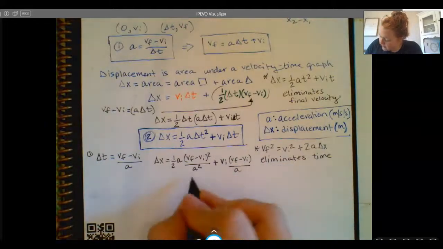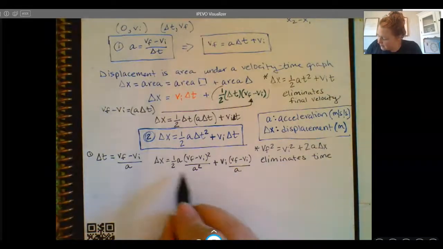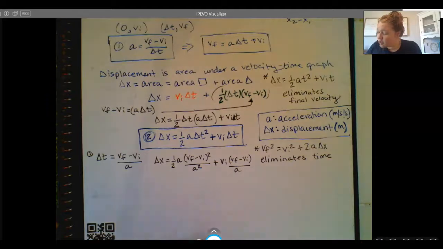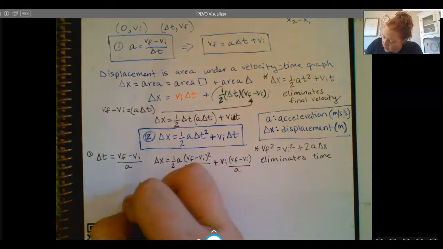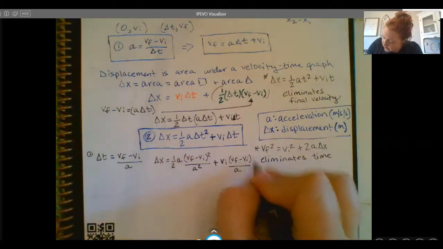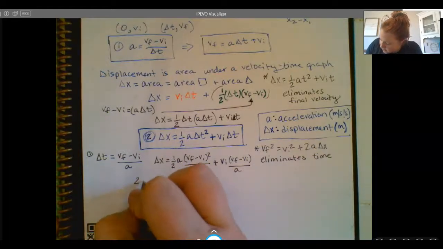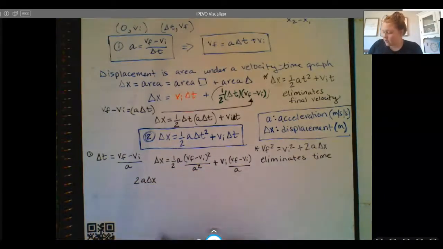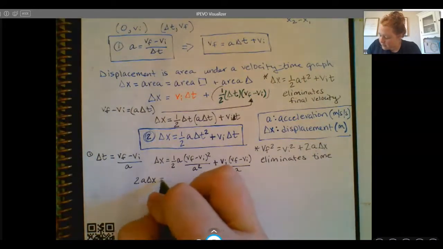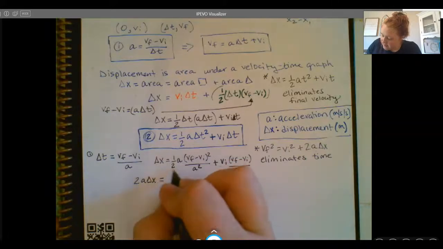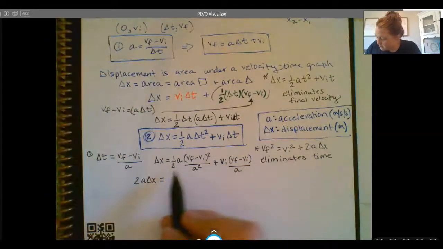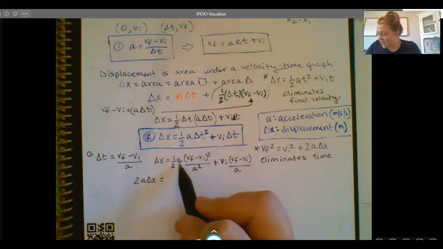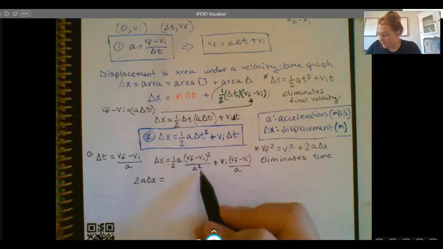So what I'm going to do is multiply everything by 2a. So I'm going to multiply this entire equation by 2a. So I will end up with 2a delta x. Notice that's a term in the equation I'm trying to get, so that's kind of why I went that route. If I multiply this by 2a, then the half will go away because 2 divided by 2 is 1. And the a becomes an a squared over here, and that will end up canceling out with the a squared on bottom.